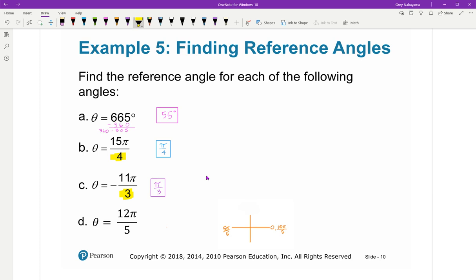It's clearly more than a whole circle around, so I'm going to subtract 2 pi from it. And when I do, I'm going to get 2 pi over 5. And you need to know what is halfway to know whether or not that's the answer. So half of 5, and y'all, doesn't have to be simplified, but half of 5 is 2.5 pi over 5. So that means that 2 pi over 5 is my answer.